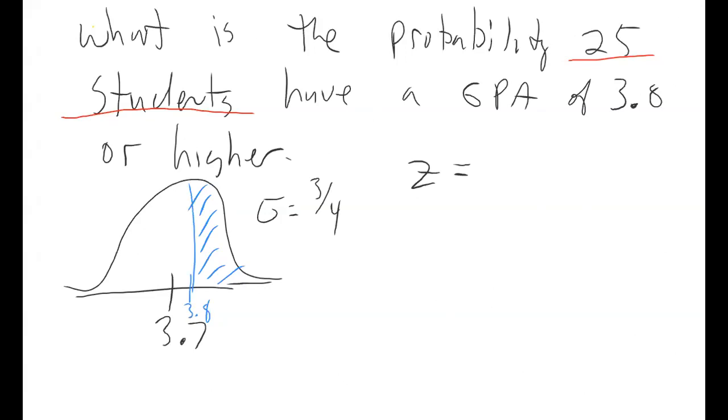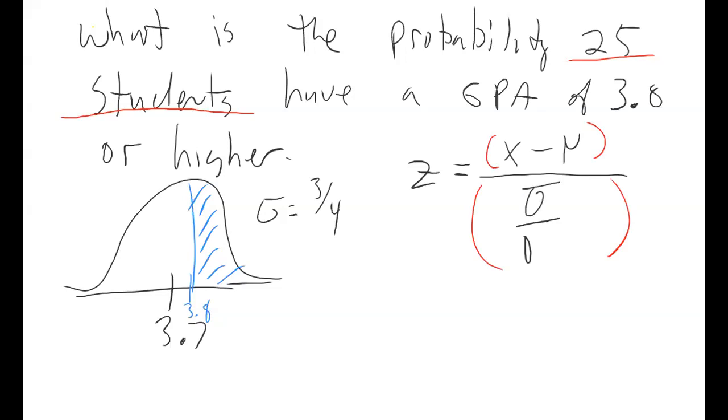Therefore, my formula now is, and I'll put in the parentheses so we don't mess up our calculations this time, x minus mu, all over, big parentheses, sigma over the square root of n.